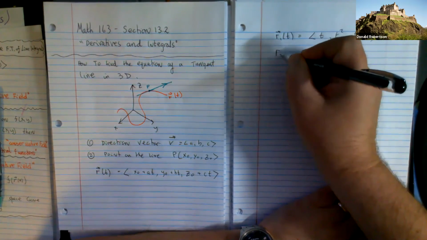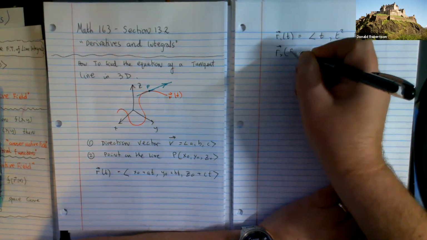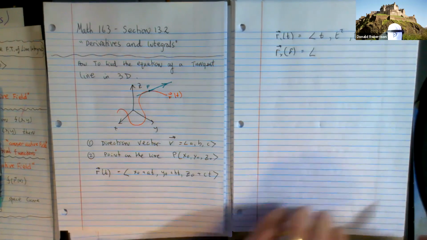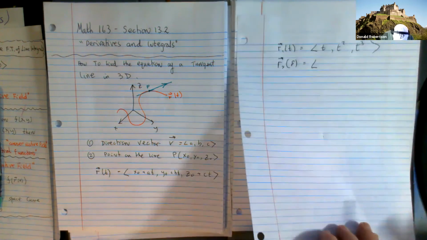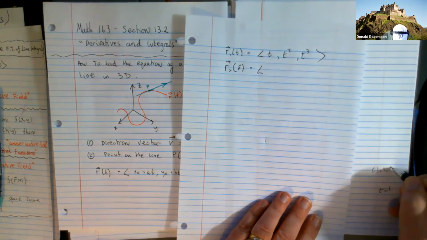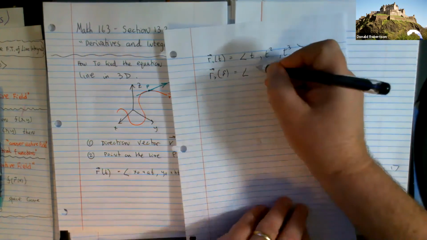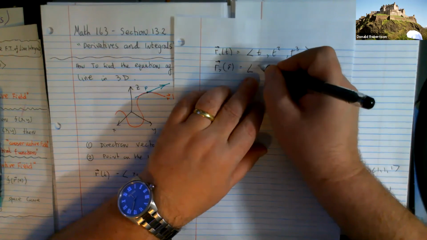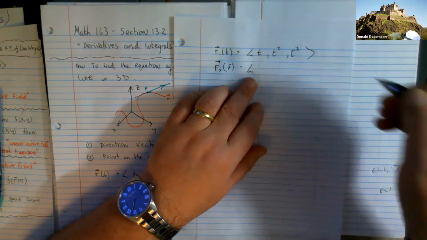Let's have this one. I'm going to cheat a little bit. So I want 1, 1, 1 when I'm finished. So let me guess s equals 2.